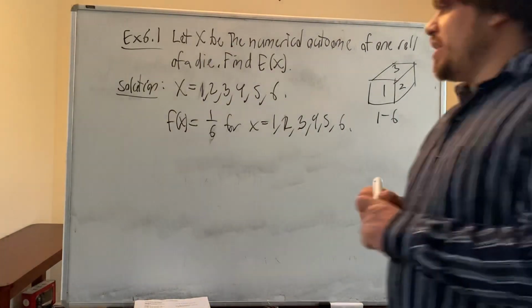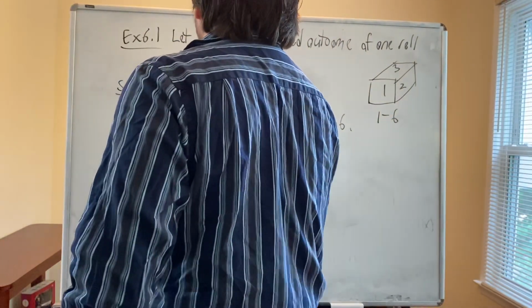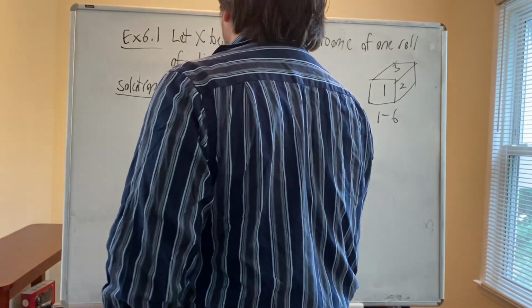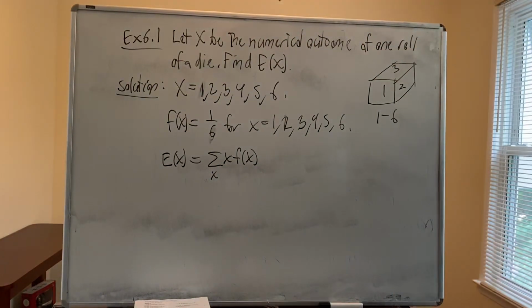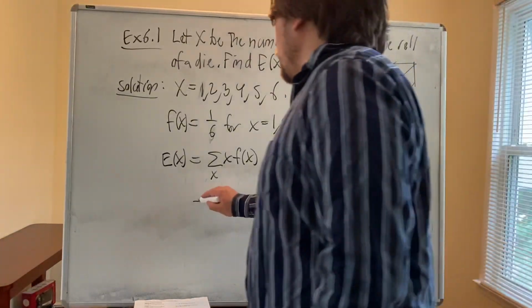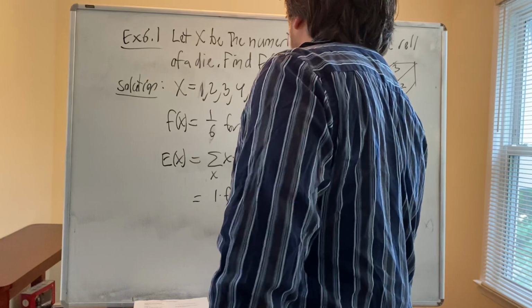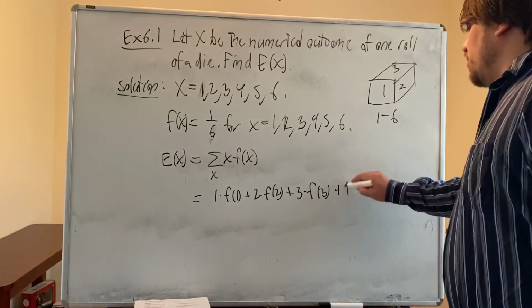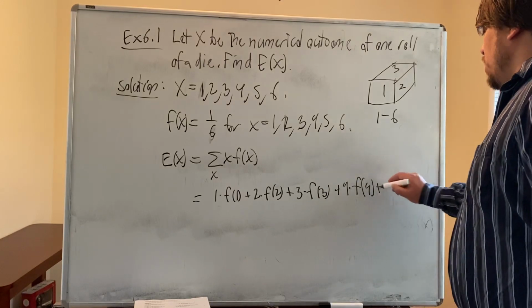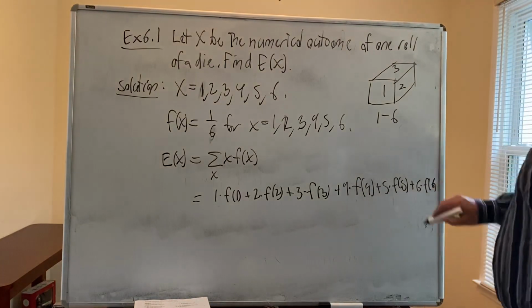By the definition of the expected value, capital E of x is the sum over all possible values of x times f of x. And so what is that equal to? That's equal to 1 times f of 1 plus 2 times f of 2 plus 3 times f of 3 plus 4 times f of 4 plus 5 times f of 5 plus 6 times f of 6.